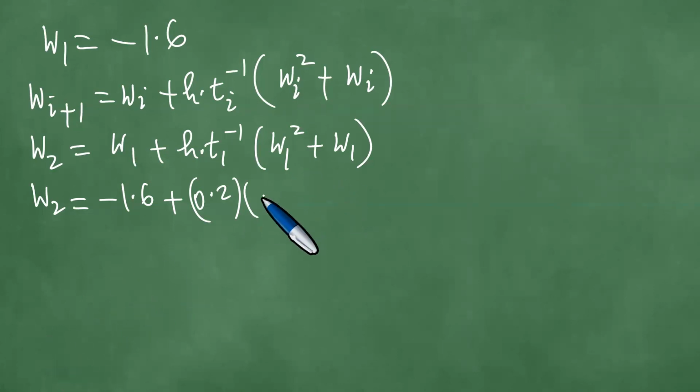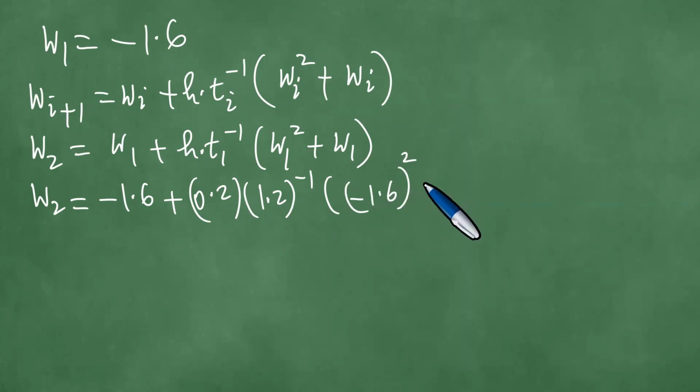So it's 1.2. And then we have W1 minus 1.6. We square this one, and then W1 is minus 1.6. Just practicing with this Euler.